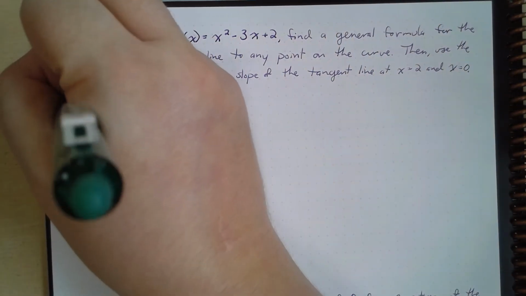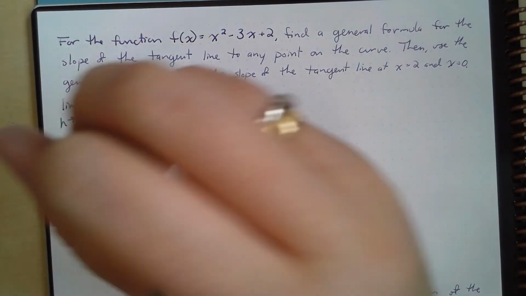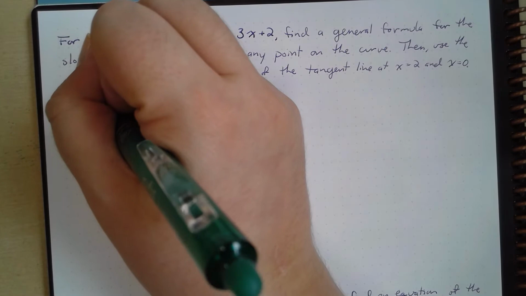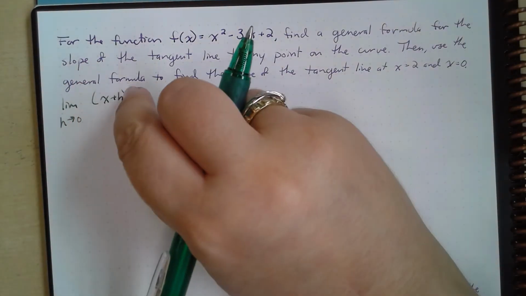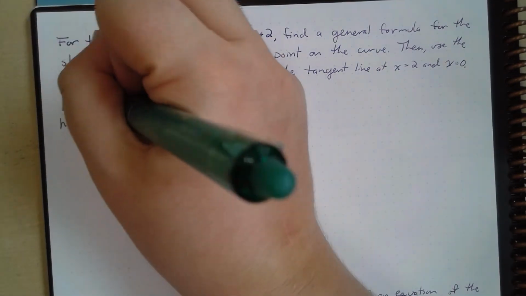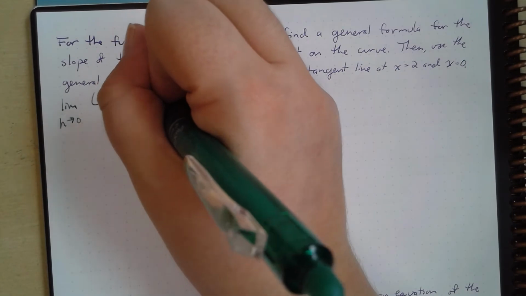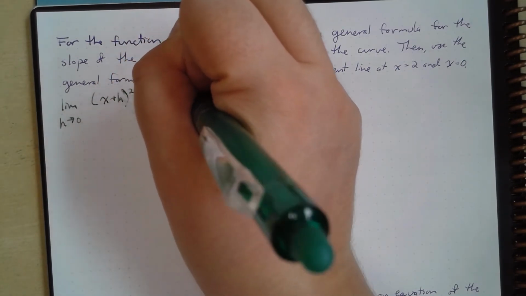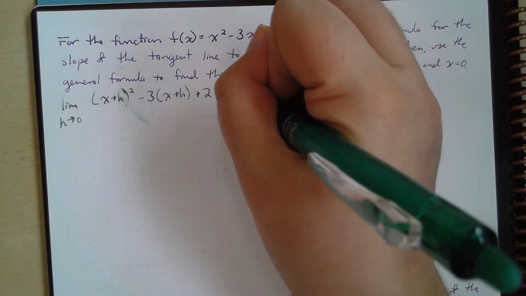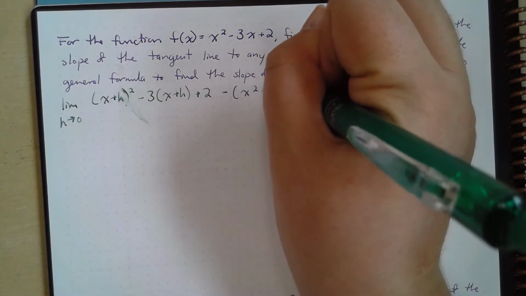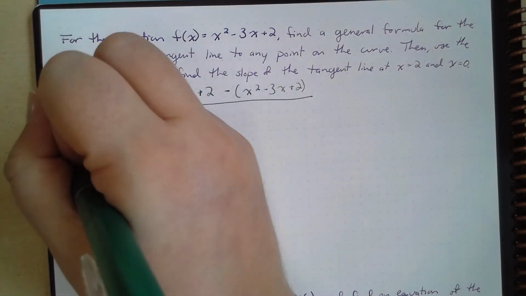So the limit as h approaches 0 of, we've got what here? (x plus h) cubed, nope, squared, thank goodness. Cubed would be kind of a bit of a nightmare for us. (x plus h) squared minus 3 times (x plus h) plus 2, minus (x squared minus 3x plus 2), all over h.